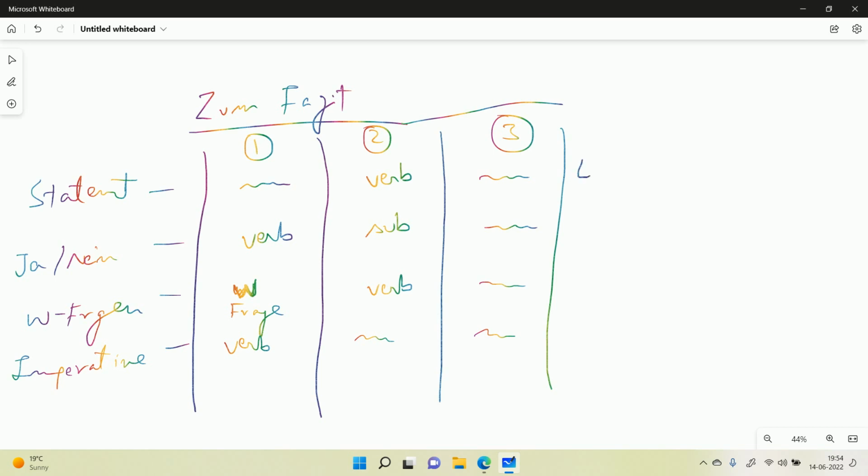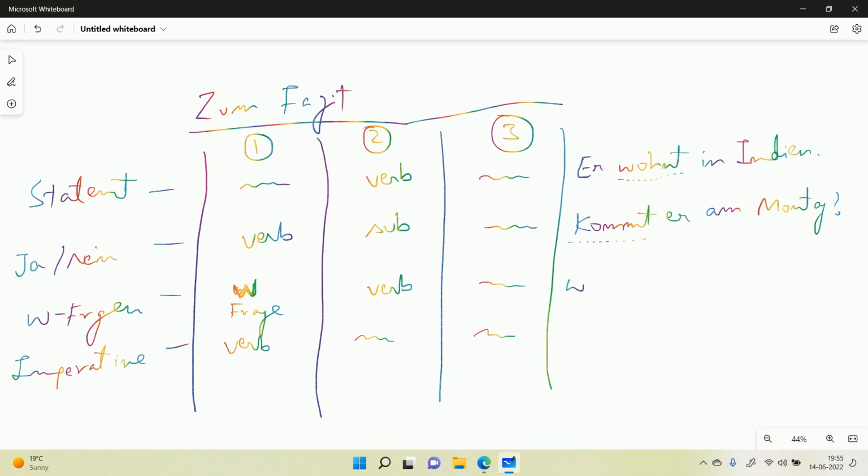Er wohnt in Indien. Perfect. Er wohnt, so this verb comes in the second position as I mentioned here. Dann Ja-Nein-Fragen. We can say, let's say, kommt er am Montag? Right? So you see, the verb is at the first position. W-Fragen is ganz einfach.